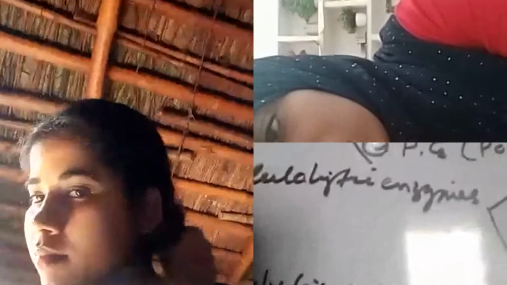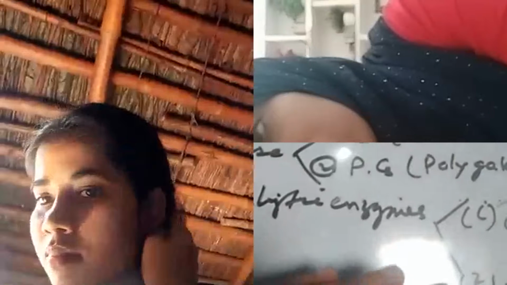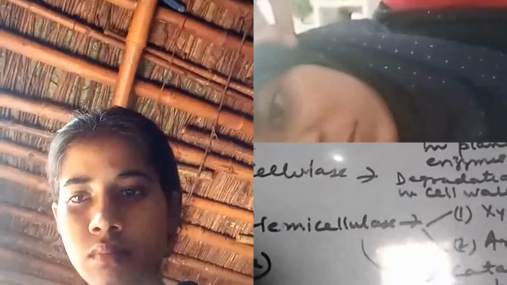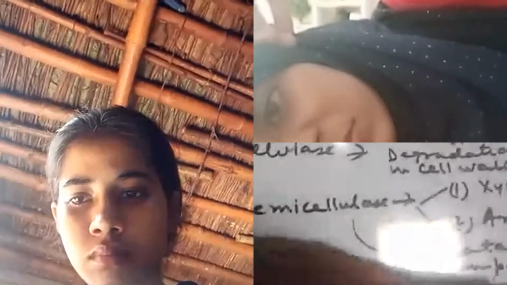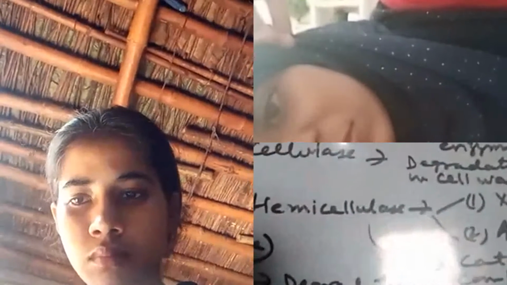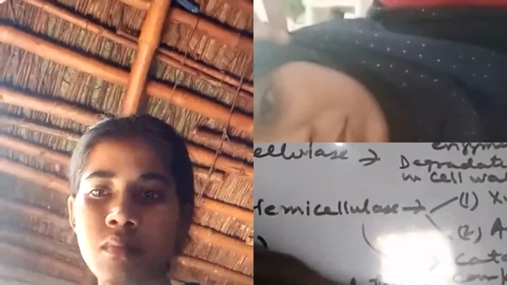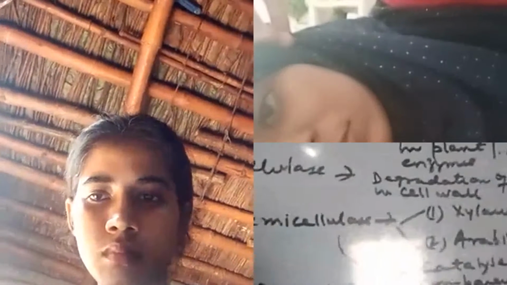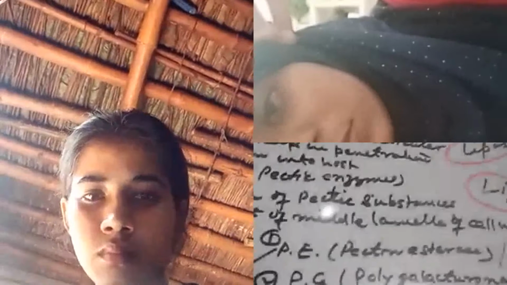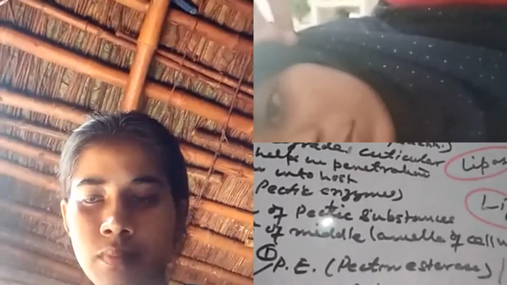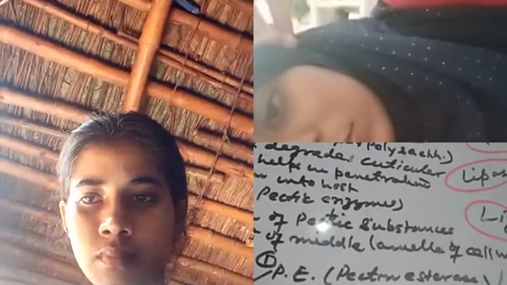Now look at the lignolytic enzymes, or ligninases. You know that lignin is in the secondary cell wall, and ligninase catalyzes the degradation of lignin present in the secondary cell wall. This ligninase is generally synthesized and secreted by members of the class Basidiomycetes, particularly Hymenomycetes fungi.